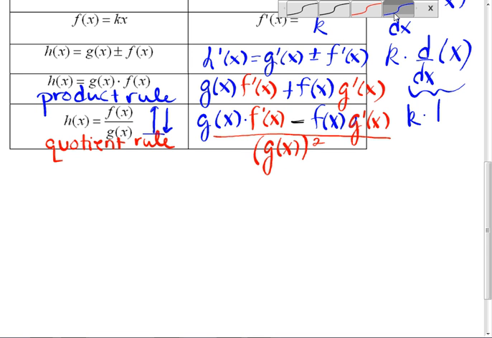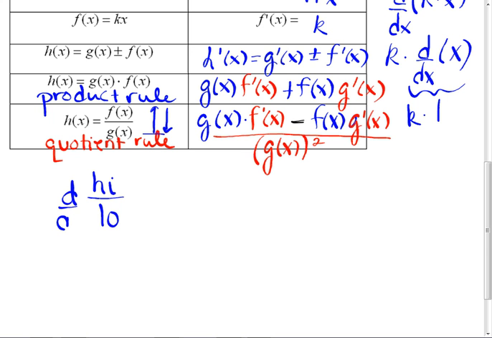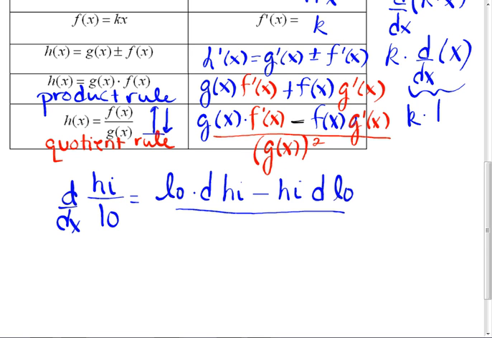Okay, so it's a fraction. It's high over low. So the derivative of that is equal to the denominator times the derivative of the numerator, minus the numerator times the derivative of the denominator, over the square of the denominator.